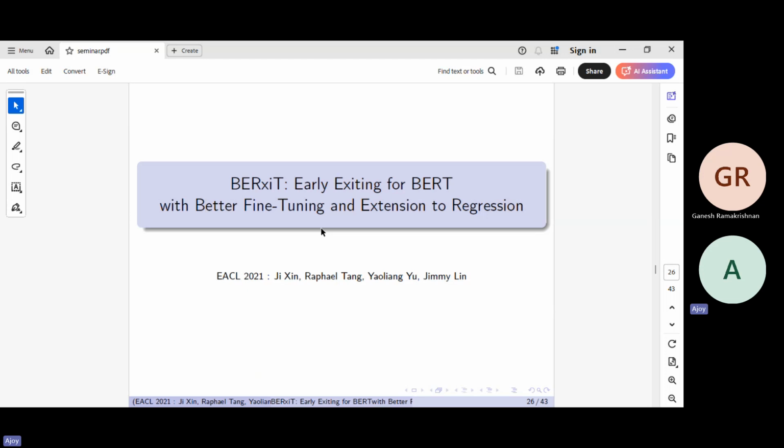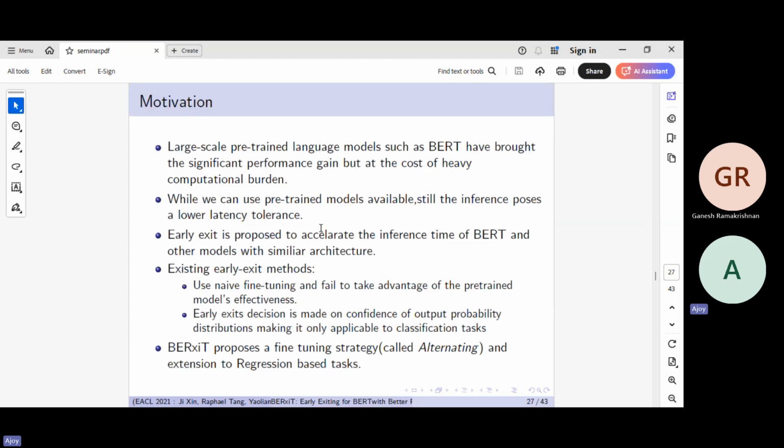So I'm also presenting a paper on early exit. Here early exit is based on transformer type architecture. BERT models are computationally expensive and take a lot of time for inference. The already existing early exit methods are limited to classification type models because in classification we use the entropy of the output distribution we obtain.